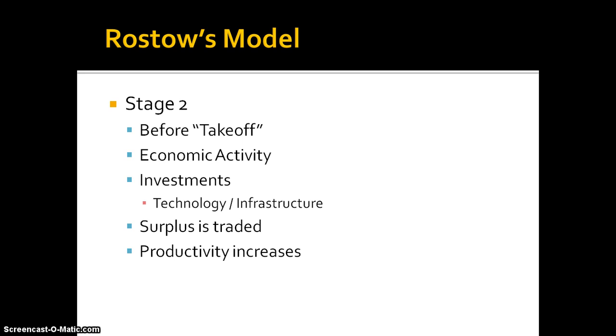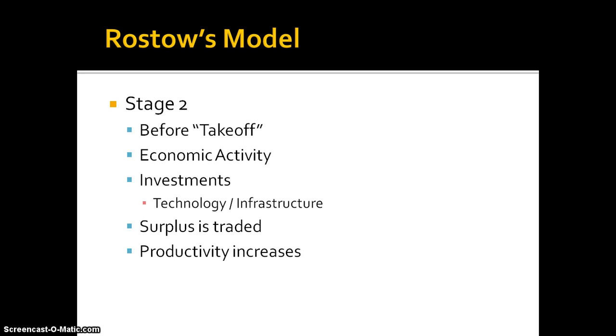They invest in different forms of technology and infrastructure, putting in roads, railroads, and communications, early on either telephone lines or Morse code, which allow communication and transportation between places much more easily.